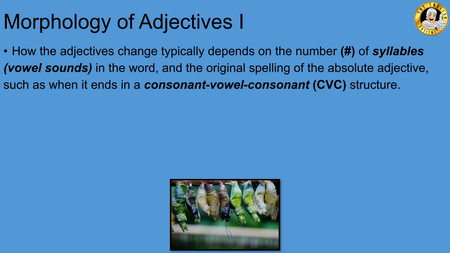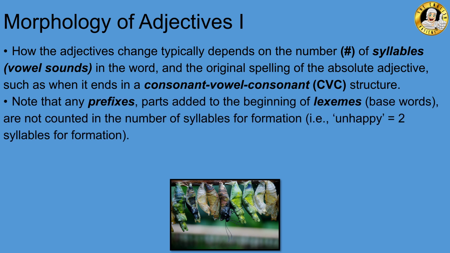So A, E, I, O, U is a vowel. Every other letter is a consonant. So if you have a CVC structure and that's an ending, it might have an impact on how you're going to morph or change this adjective in order to make a comparison.